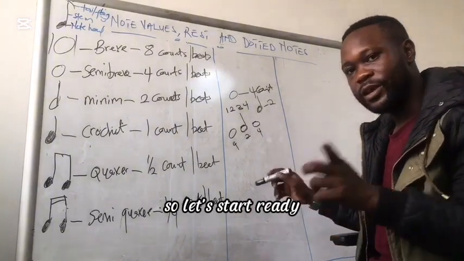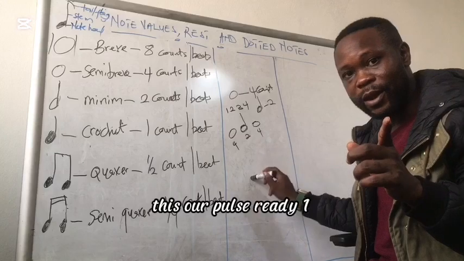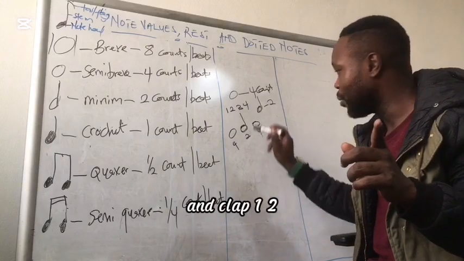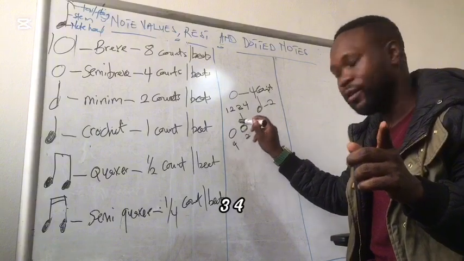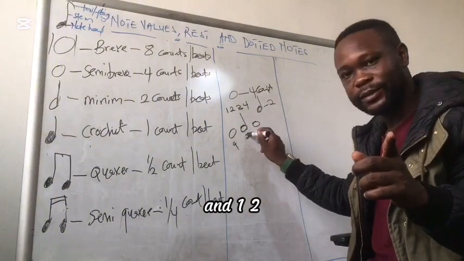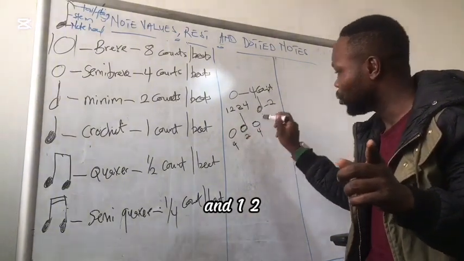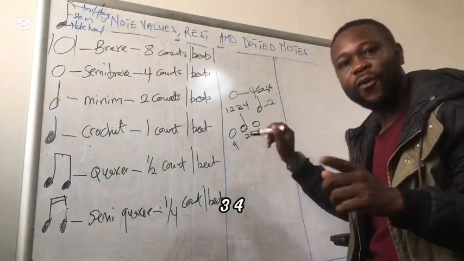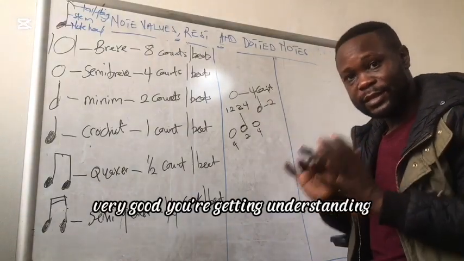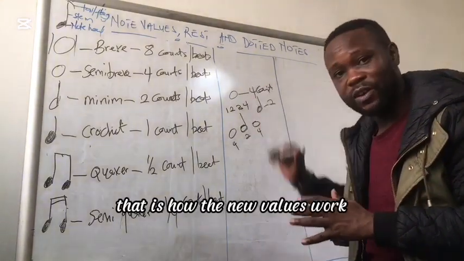Let's start. Ready? This is our pulse. 1, 2, 3, and clap. 1, 2, 3, 4, and 1, 2, and 1, 2, 3, 4. Very good. You are getting it. That is how the note values work.